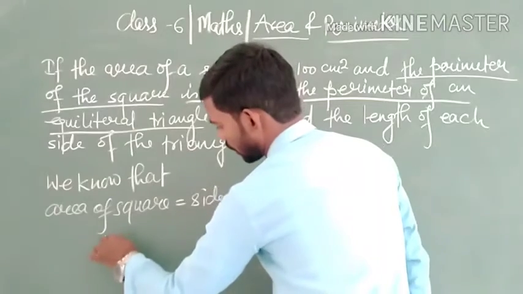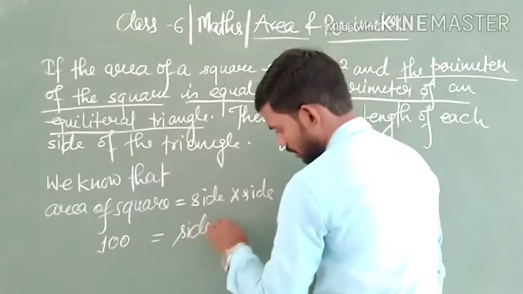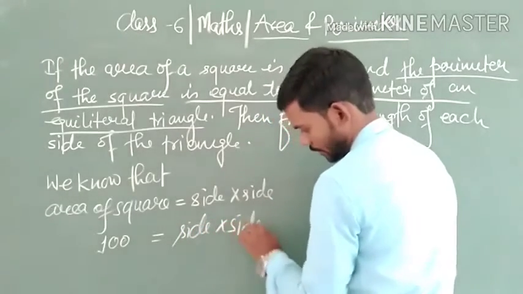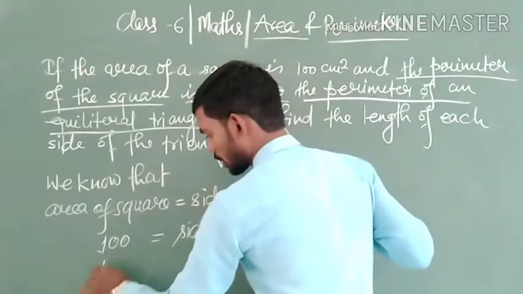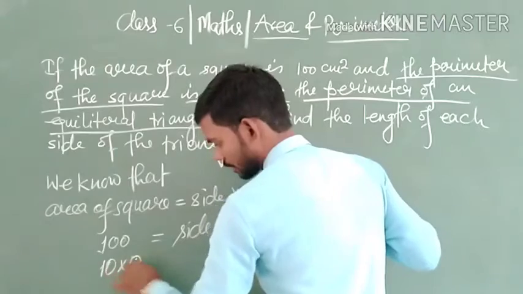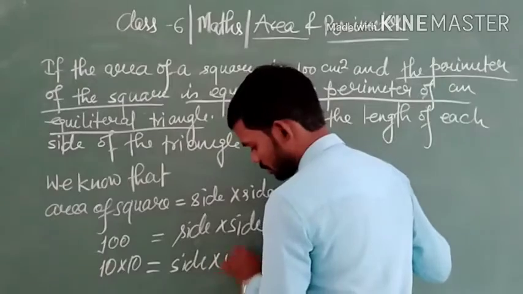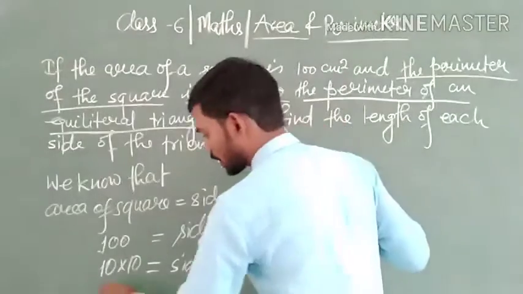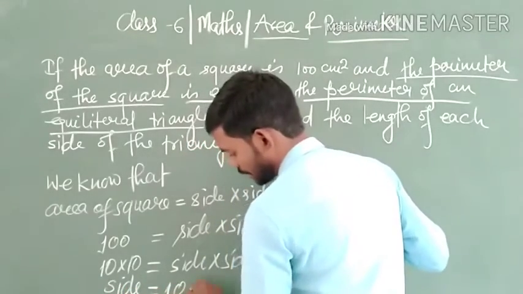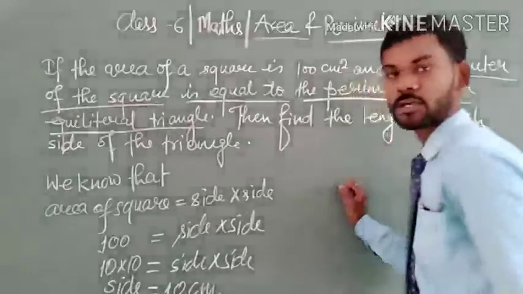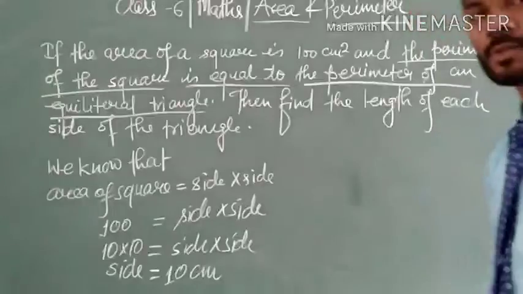Therefore 100 is equal to side into side. We can write 100 like this: 10 multiplied by 10 is equal to side into side. So from here we get the side of the square as 10 centimeter. Okay.